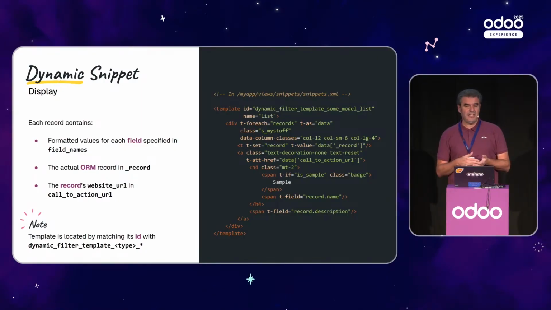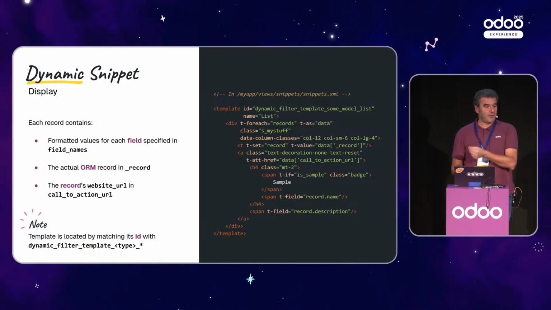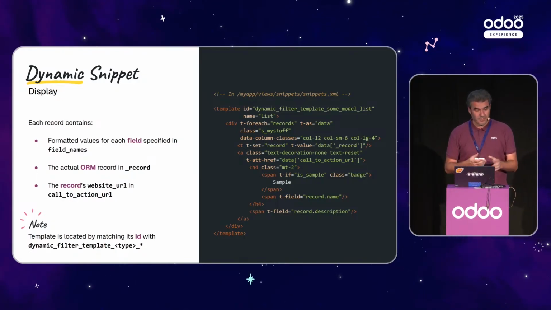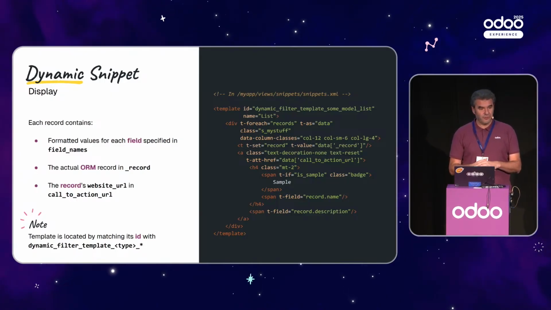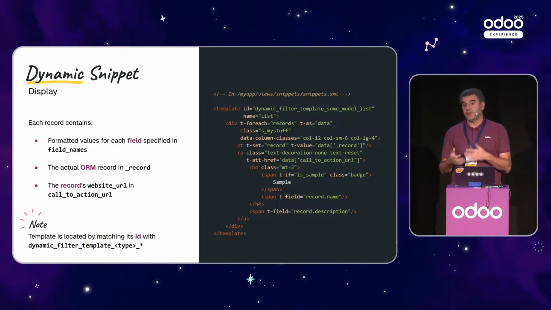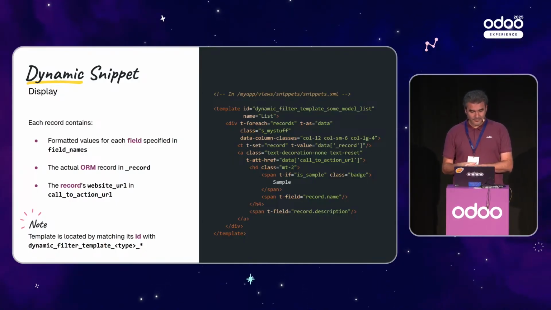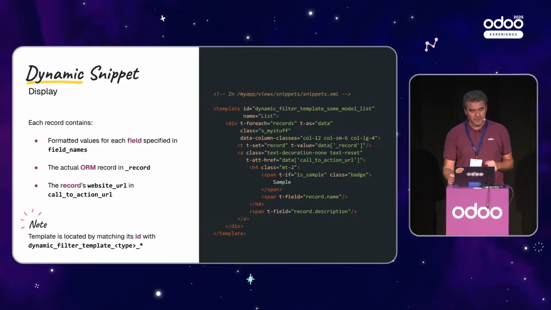There is also a special key, which is _record, which provides access to the actual ORM record in case you actually need to achieve something specific in there. And there is another special key, which is call to action URL, which gives you the link to the front-end page of the specific record, so that you know when clicking, where does it go.